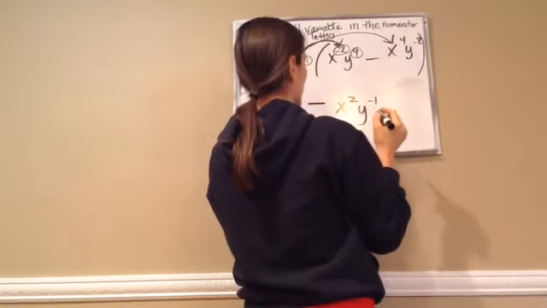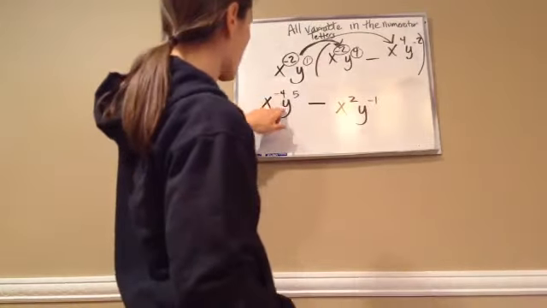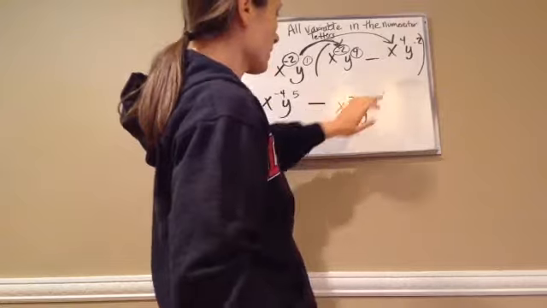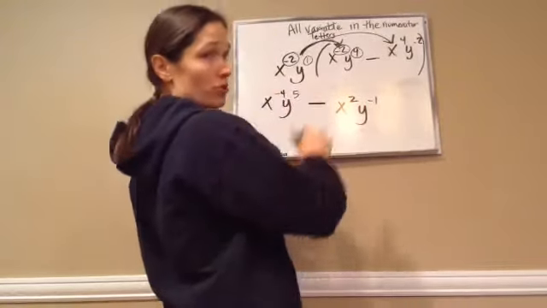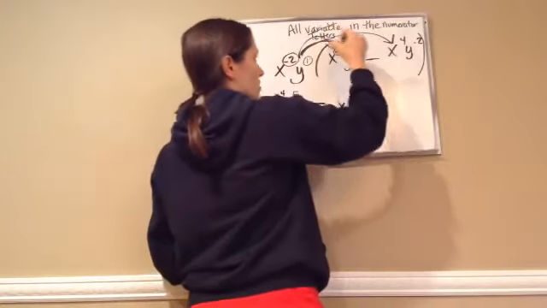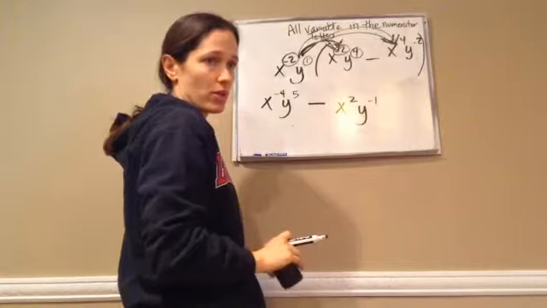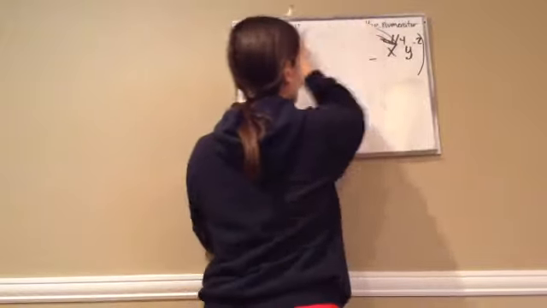Okay? So now we get x to the -4th, y to the 5th, minus x squared, y to the -1st. And then you just leave the answer. They're not teaching you how to complete the rest. They're just wanting you to use the distributive property to do this times this, and then this times this, and all the answers to be in the numerator. All the letters. Okay? So we did exactly what they wanted us to do. All right, let's do the next one.